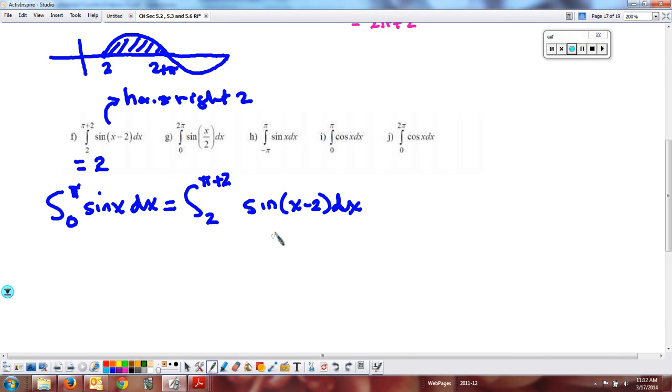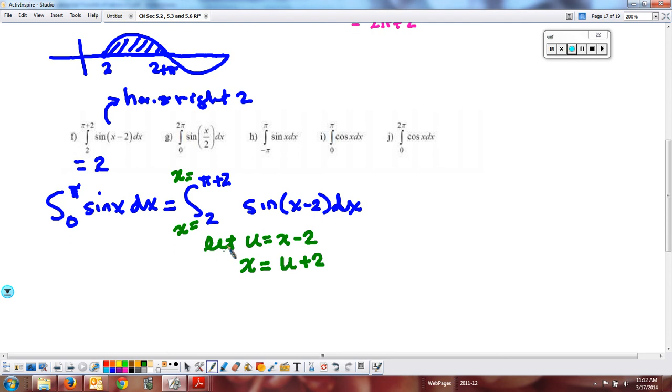If you think about this, if I were to say let u equal x minus 2, okay? Now, thinking about these limits over here, right now we were plugging in x equal to 2 and then x equal to pi plus 2. But if I let u equal x minus 2, that means x equals u plus 2.